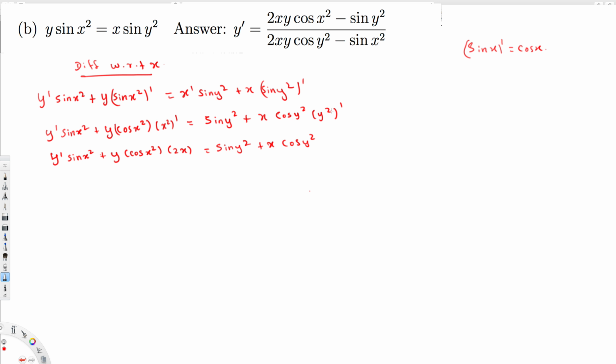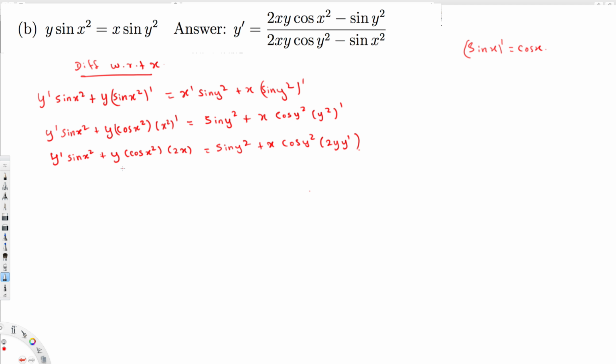So whenever we find the derivative of y, if it's simply y, then it's just going to be y prime. But if it's combined with something, most of the time we use the chain rule. So in this case, 2y outside, then y prime again. So it is going to be 2y y prime.